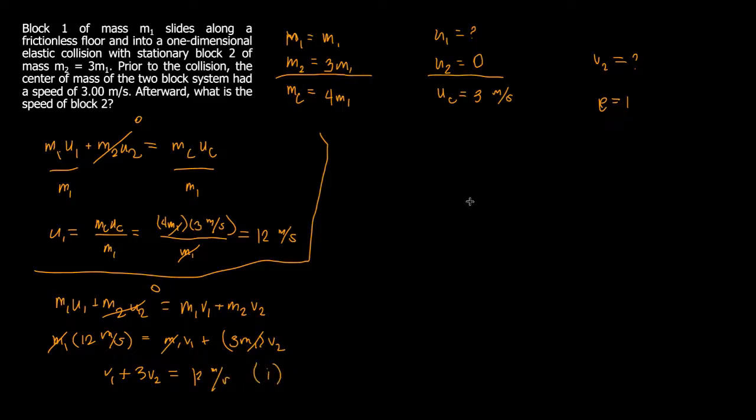For equation 2, we use the formula v sub 2 minus v sub 1 equals the coefficient of restitution times u sub 1 minus u sub 2. The coefficient of restitution is 1, and u sub 1 is 12 meters per second minus 0 meters per second.